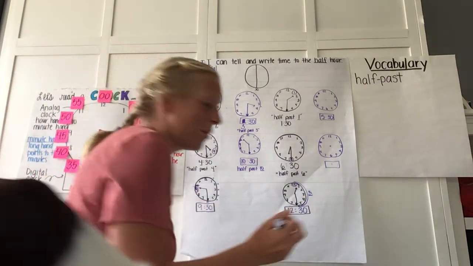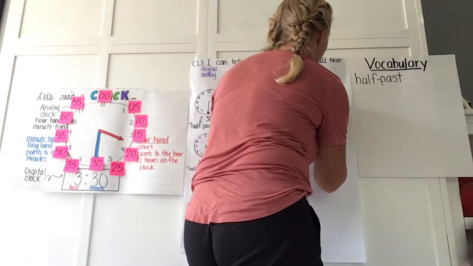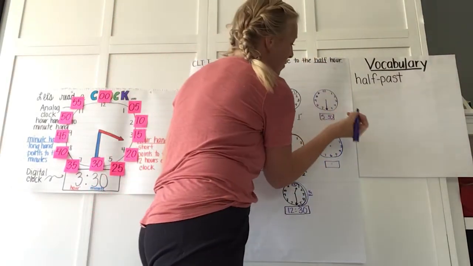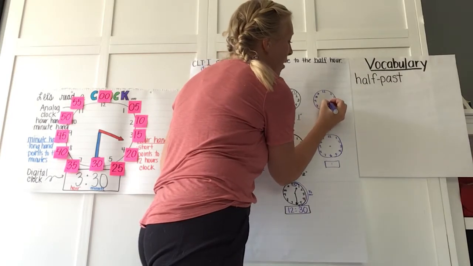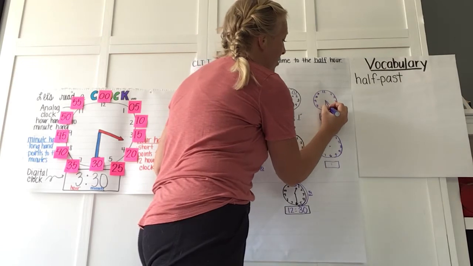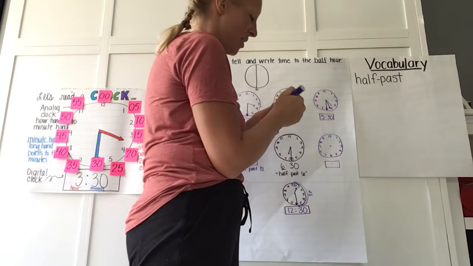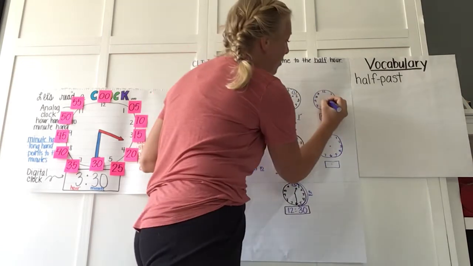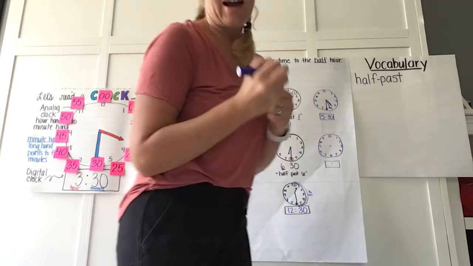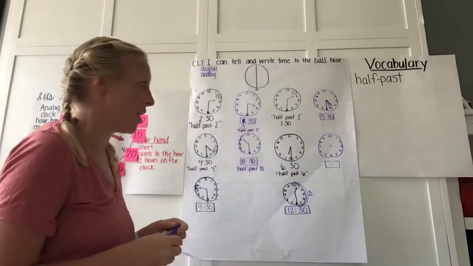And where's that hour hand going to go? Oh, not there, is it? In between the 5 and the 6. You're right. Oh, Ms. Baker. Between the 5 and the 6 to show 5:30.